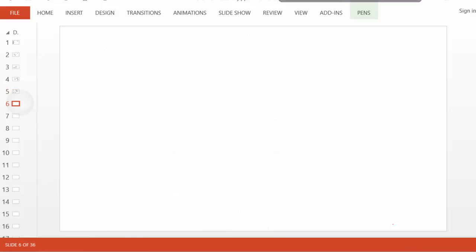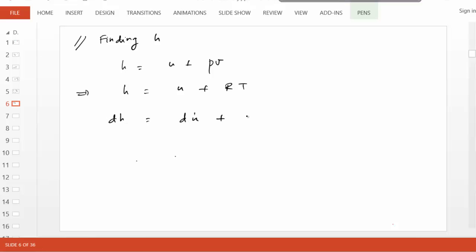Okay, now let's try to find enthalpy, specific enthalpy, H. We know from the definition of enthalpy, it's U plus PV, and since PV equals RT, we can use H equals U plus RT. If I take the differential of both sides, it becomes dH equals dU plus R dT.